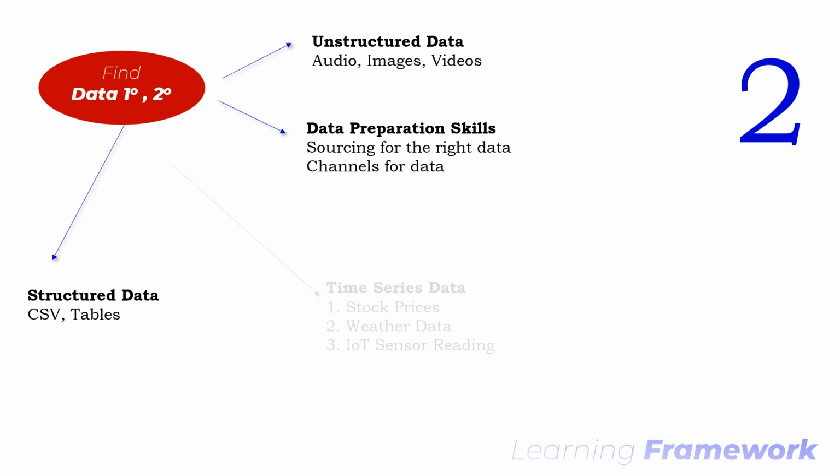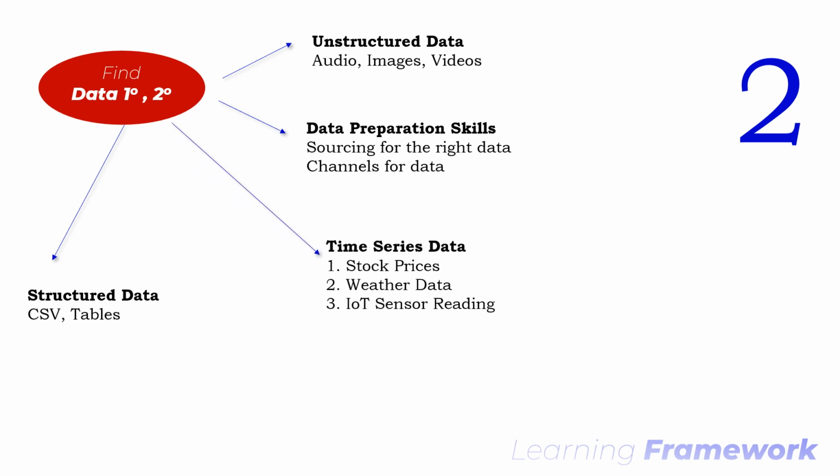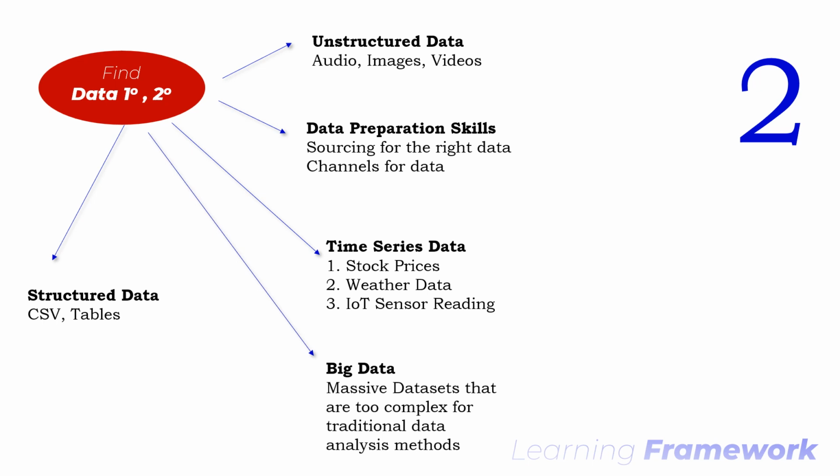Then we have time series data, which has to do with stock prices, weather data, IoT sensor readings. This is another type of data that is readily available. Then we have big data. This has to do with massive data sets that are too complex for traditional data analysis methods. So when it has to do with data analysis, the second step, you have to take note of all these aspects. Let's move over to the third step.